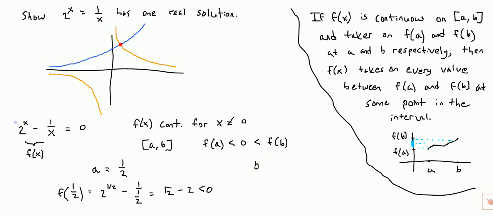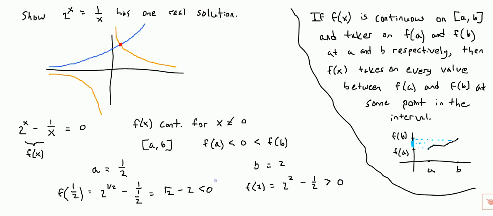So that means we want 2 to the x to be greater than 1 over x. Well, for that, we could just pick something bigger, right? This 2 to the x is going to grow. I mean, if you look at the graph, 2 to the x starts growing really fast, and 1 over x starts shrinking really fast. So if we just pick something like b equals 2, then f of 2 is going to be 2 squared minus 1/2, which is going to be greater than 0.